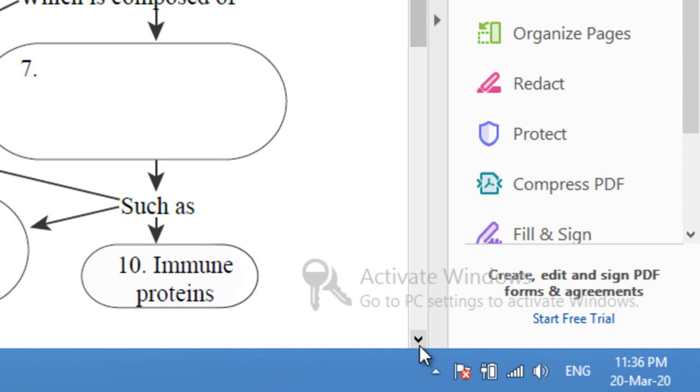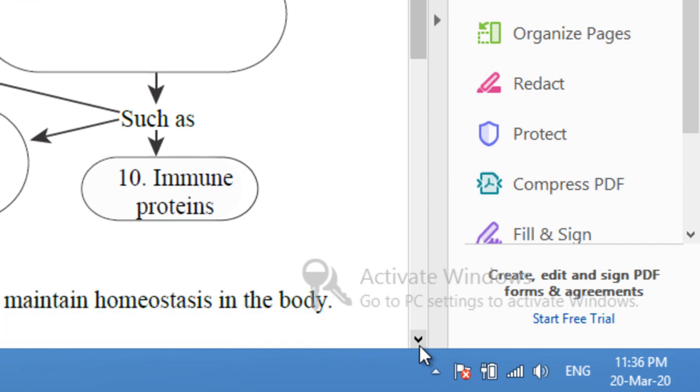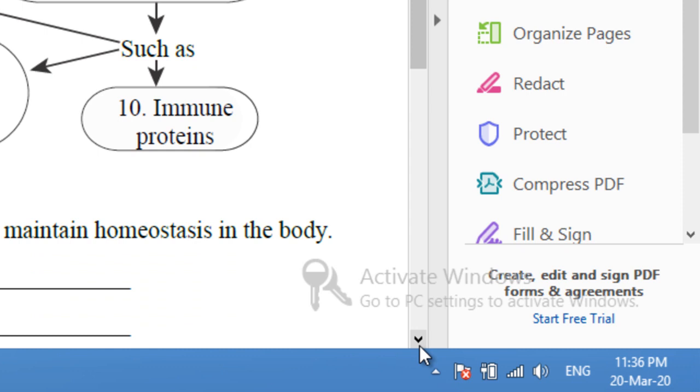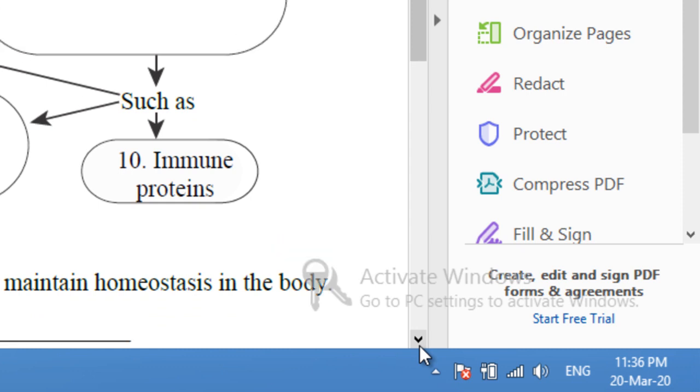So number 7 is, try to think. Exactly, it's plasma proteins. Okay, now 8 and 9. One of them is fibrinogen and the second one will be albumin.